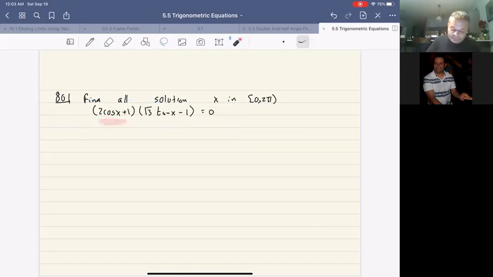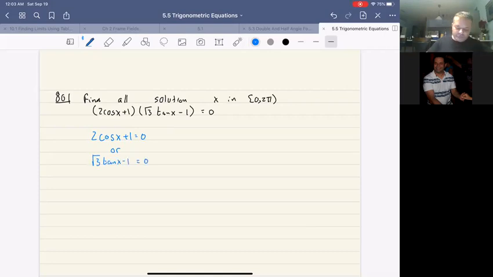things together and they equal 0, then one of those two things has to equal 0. So we're going to go with 2 cosine x plus 1 equals 0, or square root of 3 tan x minus 1 equals 0.